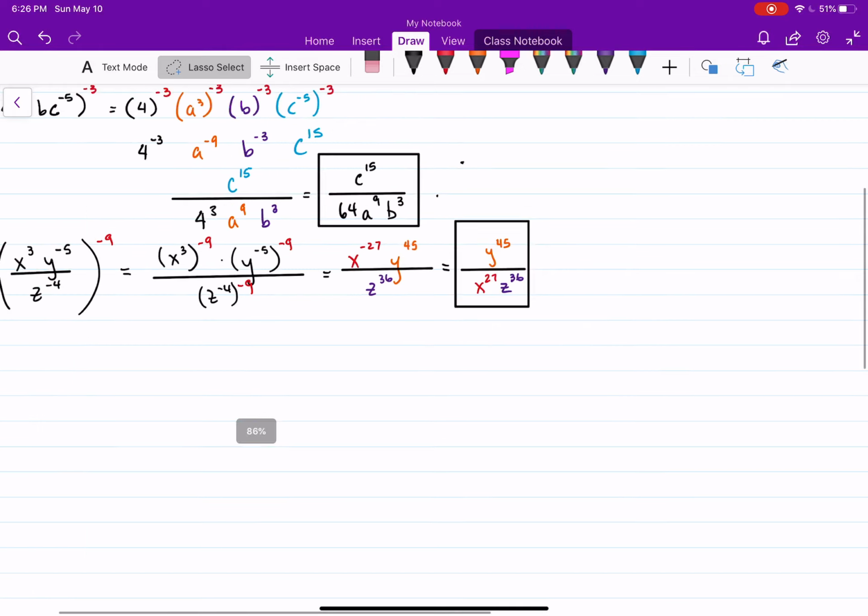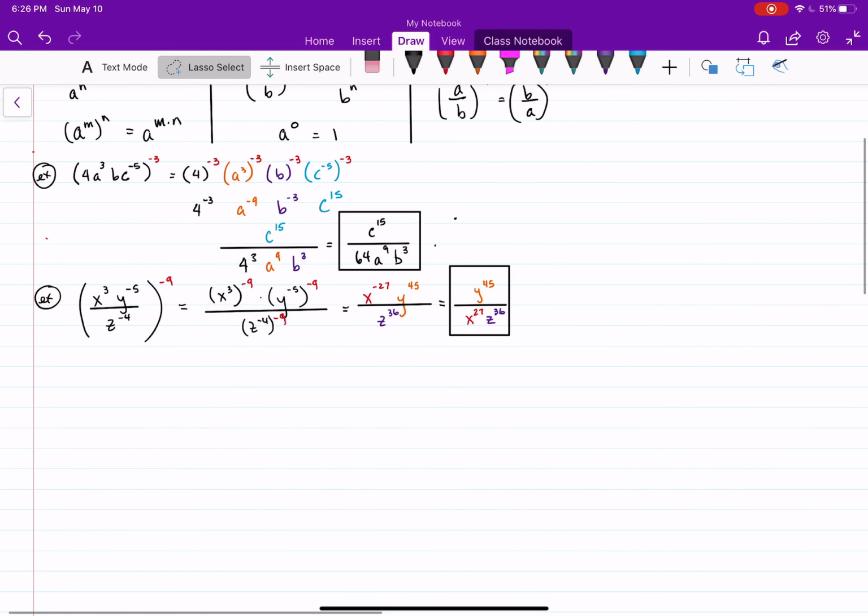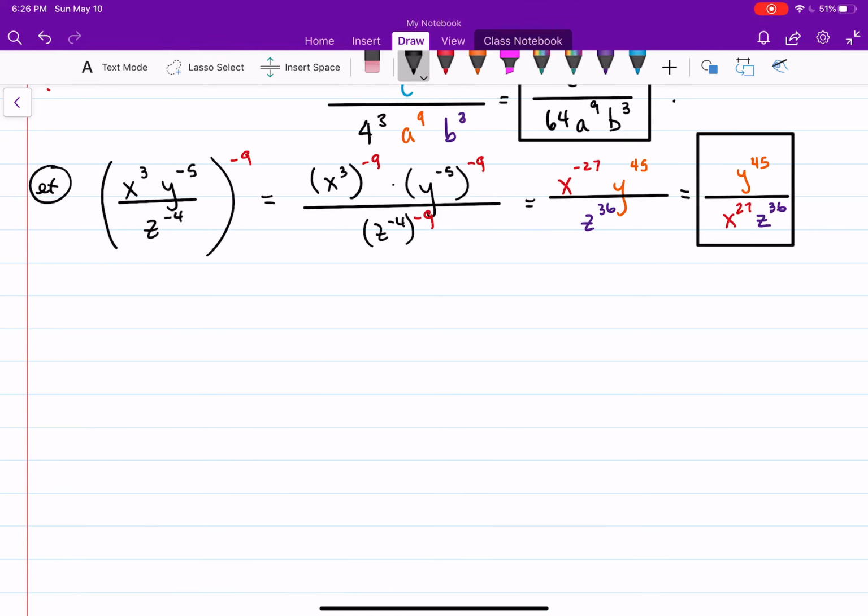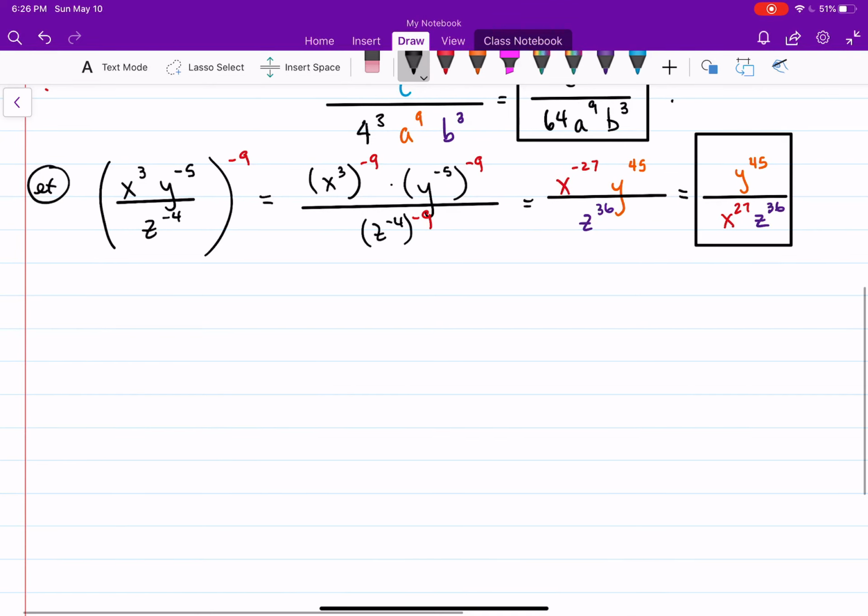So again, 3 simple rules, right? It's number 1, distribute the power. Number 2, move them. And then number 3, simplify, okay? So let me see here. Another one.